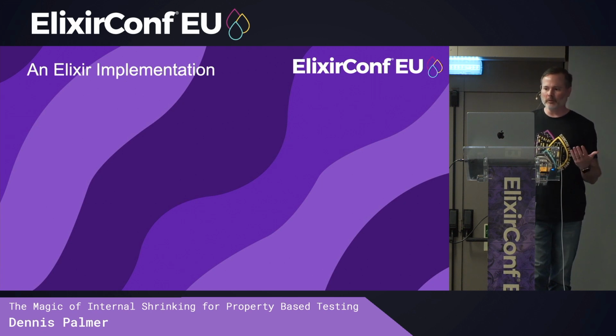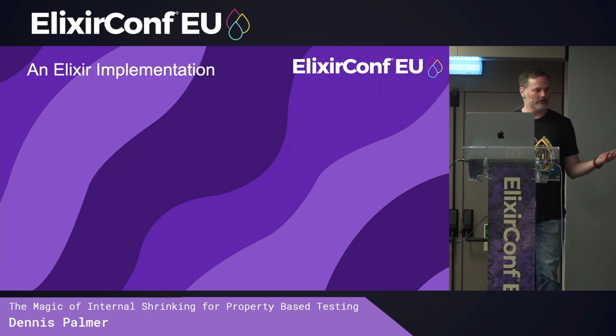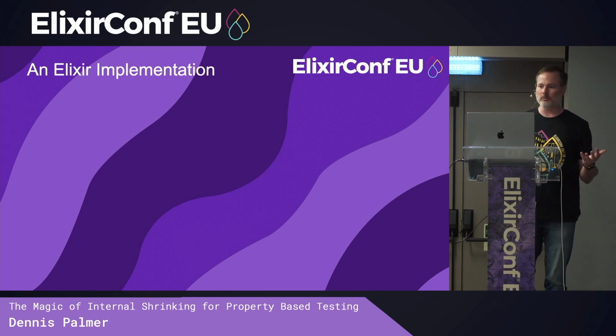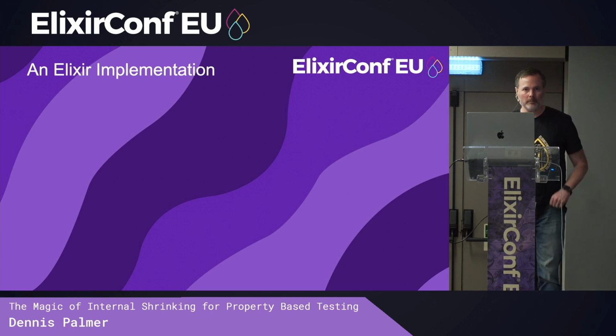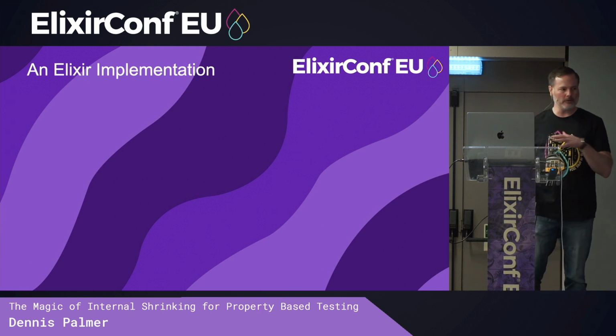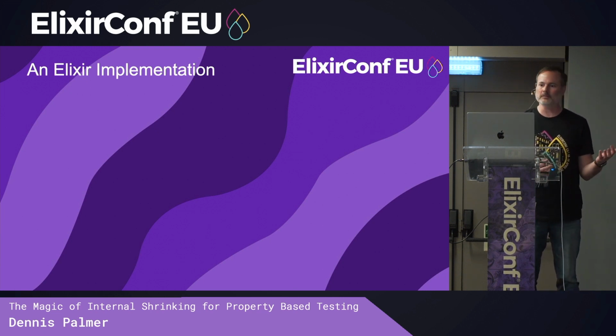So one of the things Martin mentioned in his video was, hey, if anybody wants to implement this form of shrinking in another language, I'll help you. And definitely his help and insights have been invaluable for doing this. And the first thing I thought about was, could we just swap out the shrinking that StreamData uses?